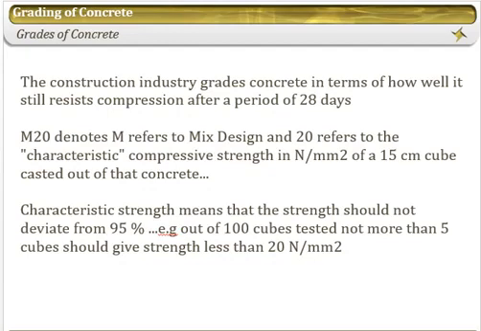For example, if we have 100 cubes tested after 28 days, then not more than 5 cubes should give strength less than 20 Newton per mm square. That's the way to find the characteristic strength of any concrete grade.